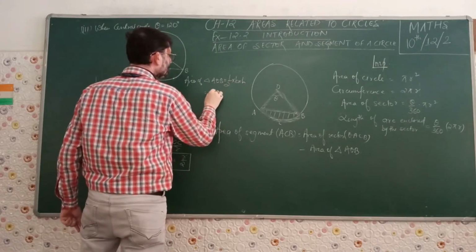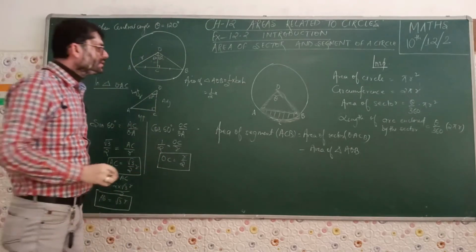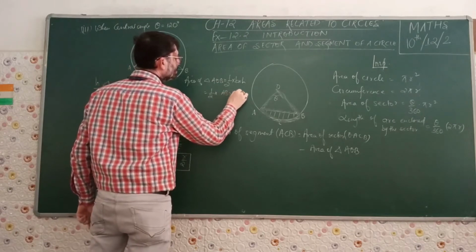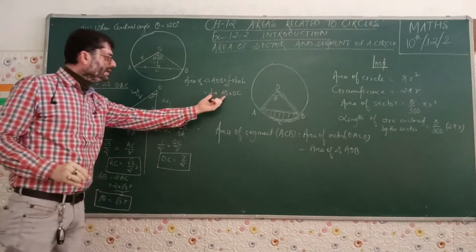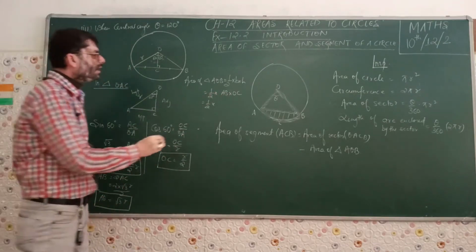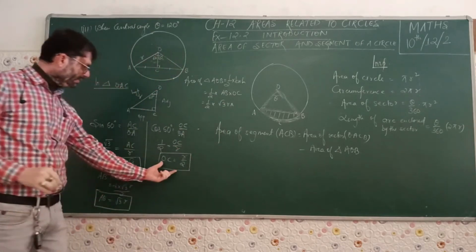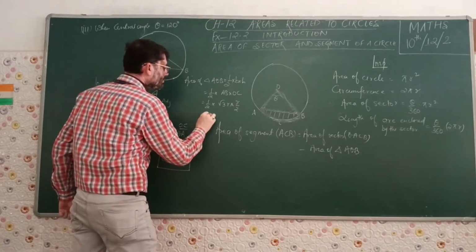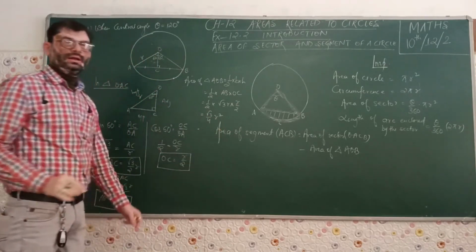Here we have base AB and height is OC. So this is half into, we have obtained the value of AB as root 3R, into OC also we have obtained as R by 2, and this becomes root 3 by 4R square.